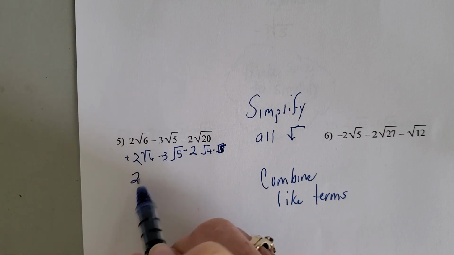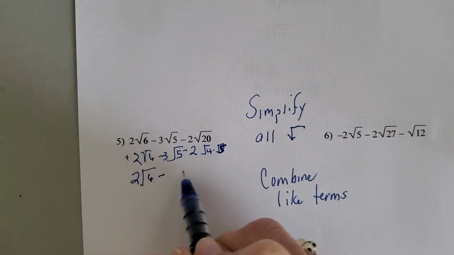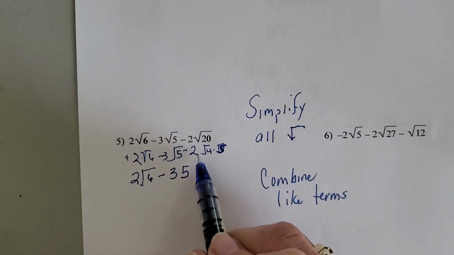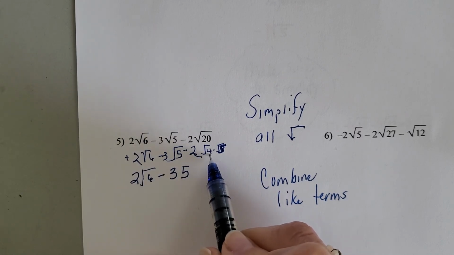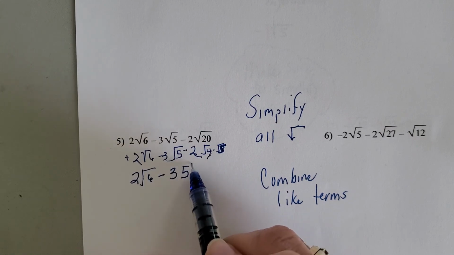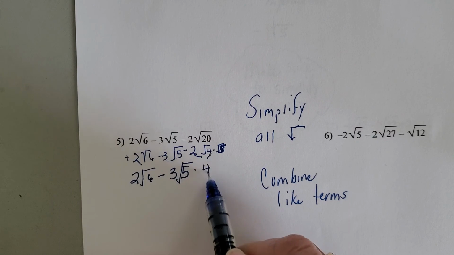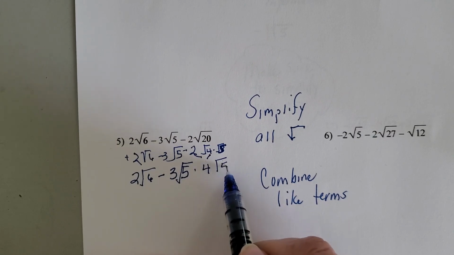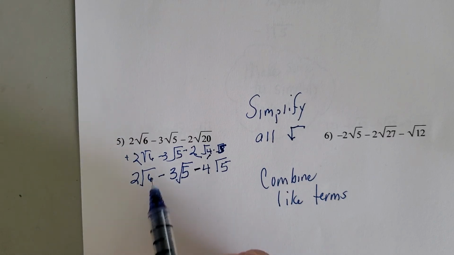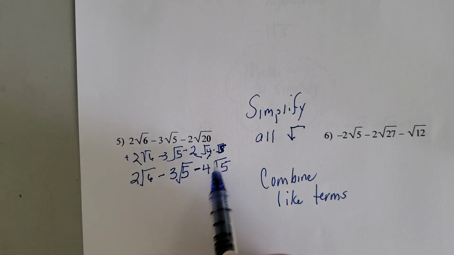So we have a 2 radical 6, we have a minus 3 radical 5, and here when we simplify this, a square root of 4 is 2, so we have 2 times 2 would be 4 radical 5. Okay, so I just brought these first 2 down. Sorry, that's messy.